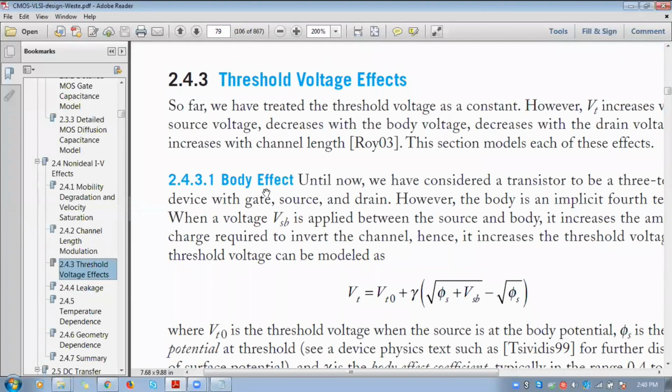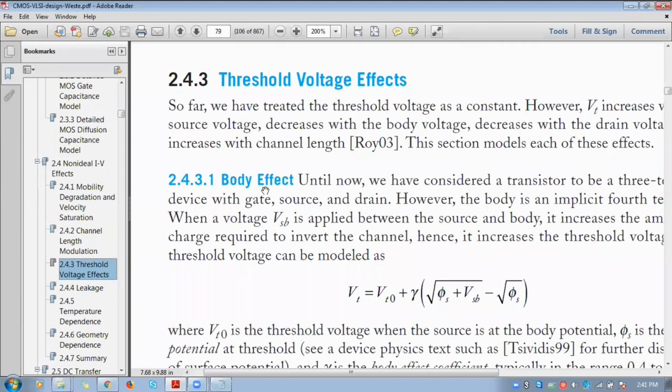This is a very, very important topic. In one question paper, they asked it for 6 marks also. So in body effect, if you consider a single nMOS transistor, we are not minding the fourth terminal, the substrate.